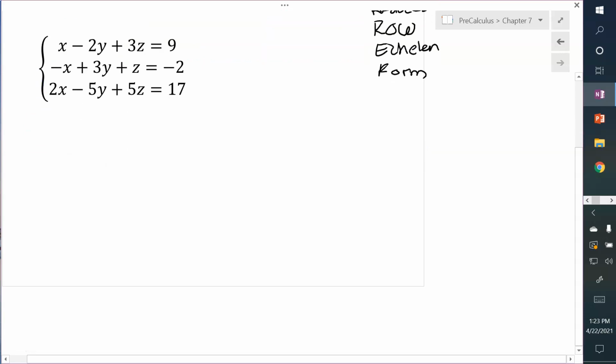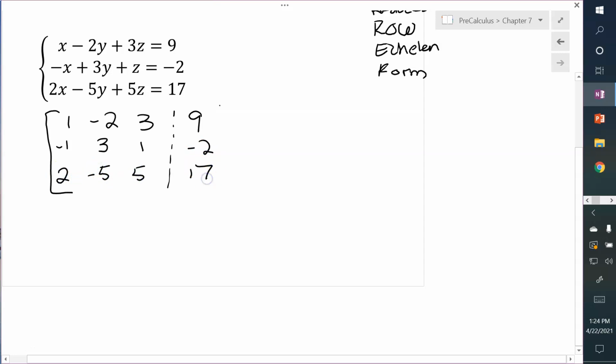First thing we're going to do is write down our matrix. So I have 1, -2, 3, and here's my dashed line for 9. Then I have -1, 3, 1, -2, 2, -5, 5, 17. Okay?